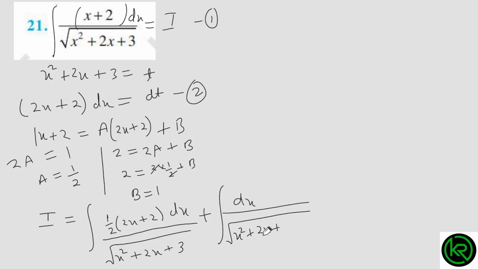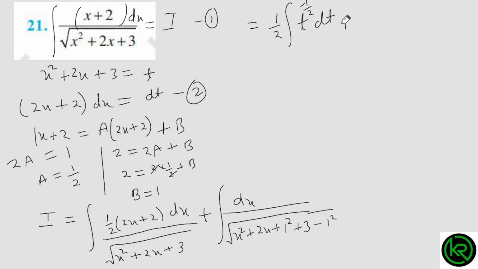And students, as you can see, the x coefficient here is 2, so 2 divided by 2 is 1, so we will add and subtract 1 square, giving 3 minus 1 square. Okay students, so directly we can use the value of (2x plus 2) dx from the second equation, and take half common, and this will become under root t, which can come upside, and minus half dt.